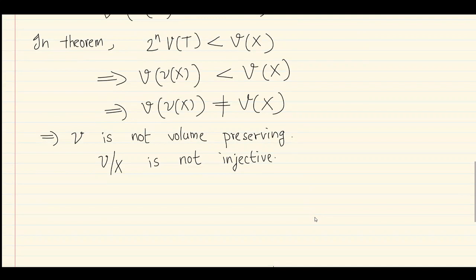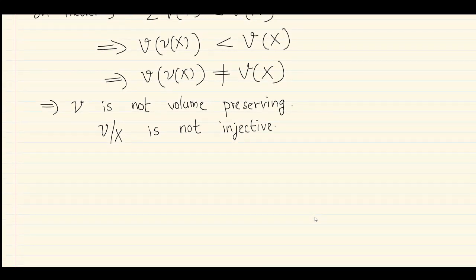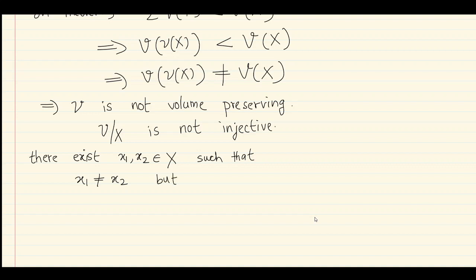If mu restricted to X is not injective, it means that there exist x1, x2 in X such that x1 is not equal to x2 but their images are equal. That is, mu of x1 is equal to mu of x2.